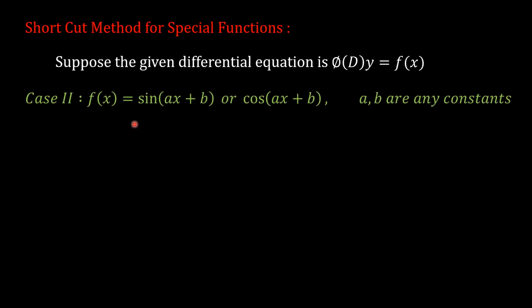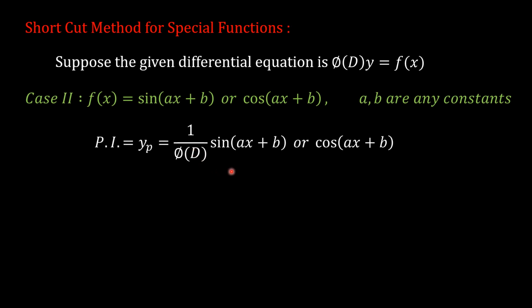This is our case 2, where the right hand side function f of x is trigonometric sine of ax plus b or cosine of ax plus b, where a and b are any constants. We know the general formula for the particular integral, which is yp equal to 1 upon phi of D of f of x.